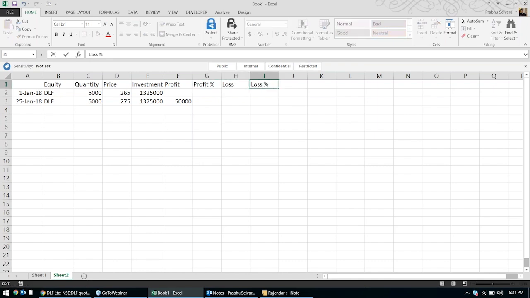Okay. So by the end of January, DLF has gone up by this much, so you got a profit of so much. If the stock has gone down by 10 rupees, from 265 to 255, you're making a loss of 50,000.